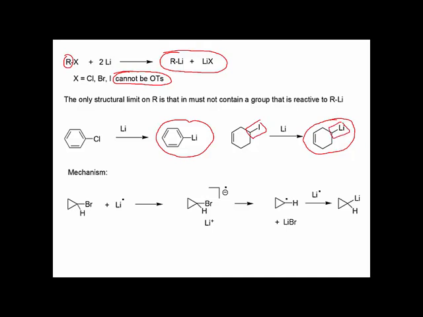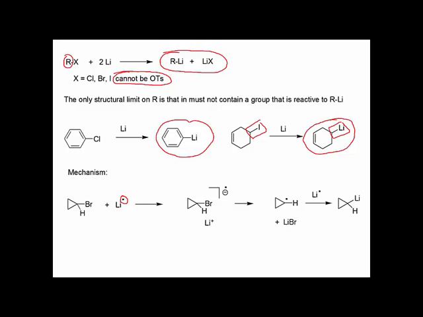Here's the mechanism. I don't think I would ever ask this mechanism on an exam, but this is basically what is occurring. We're transferring the electron to one of the empty d orbitals that bromine would have available to it, or in some cases there's a sigma antibonding orbital available too.